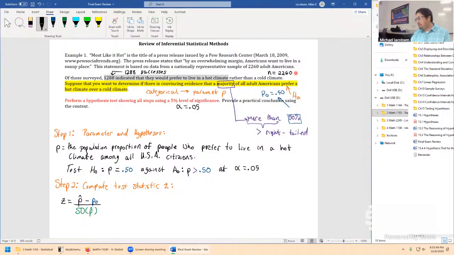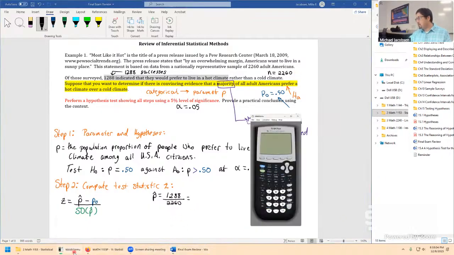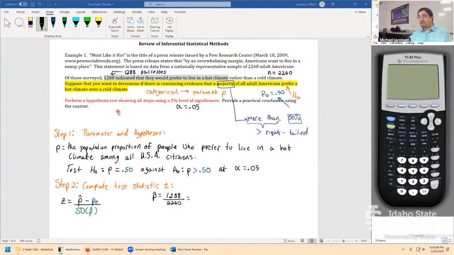So let's compute it right here on paper. P hat is 1288 divide by 2260. They didn't say anything about rounding on this problem, so I'm not going to be picky about it either. Let's round this to 4 decimal places and call that okay. As a MyLab statistics problem, though, probably keep this to 6 decimal places, just for the sake of accuracy.